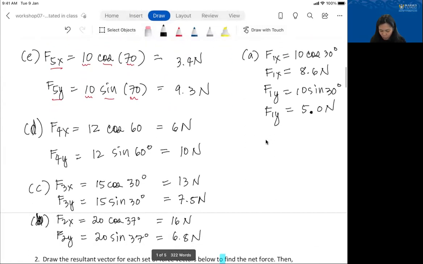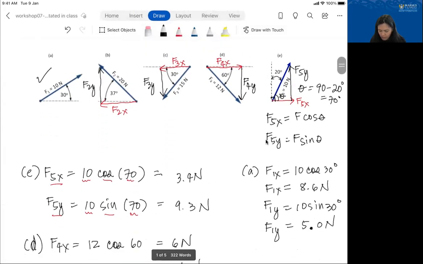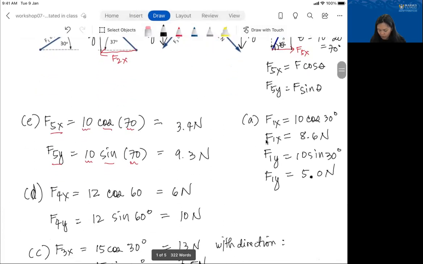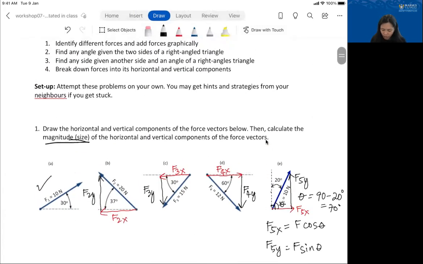If we put the direction, that should be a negative, which is downwards. They're both negative: negative 13 newtons and negative 7.5 newtons. But I think the question just asks you to find the magnitude or the size, so we didn't care about the directions in this case. But if you were asked to give the directions as well, then you should check whether it's pointing to the left or pointing to the right. So you're right about that.